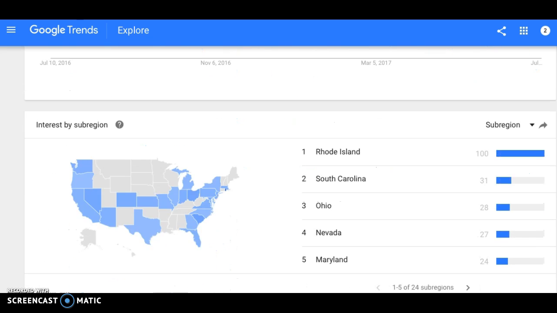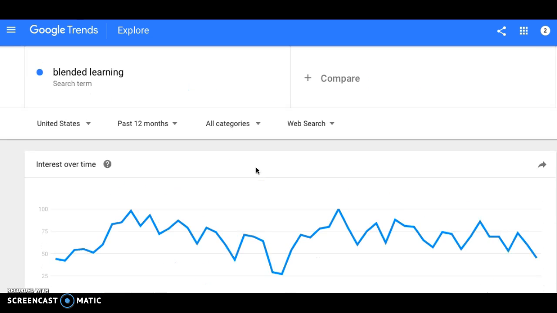And if I scroll down, now it breaks us down by state and what our relative interest in blended learning has been. So I see more in Ohio, more in South Carolina, and so on. All right, so fascinating information that we can glean from these particular trends just in how people are using Google Trends.